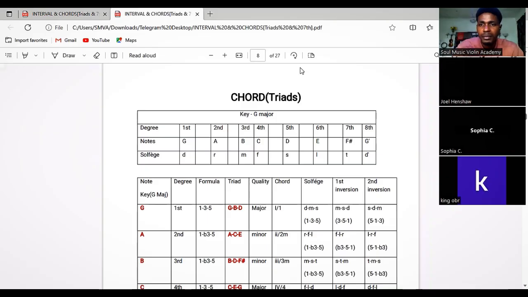Or it could be la, do, mi. Because when I teach you minor scales, we can either start from La, the 6th degree.